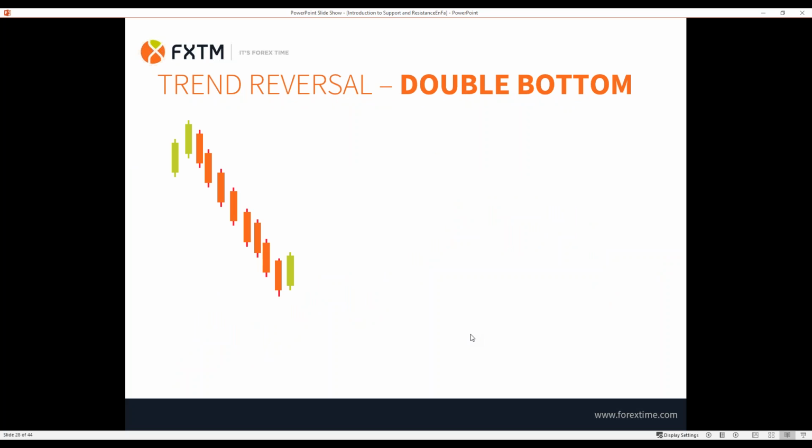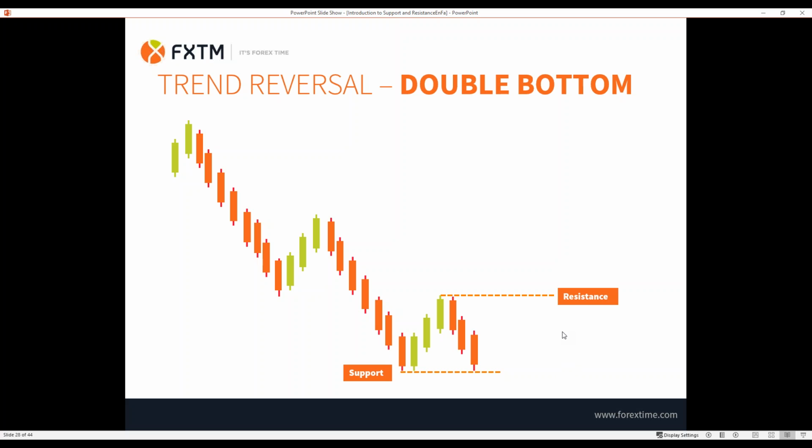Okay, let's see another reversal. Now we have a beautiful downtrend. We have a nice support level here. And prices bounce up to form a correction. And we expect prices to come lower than the support, so the downtrend continues. But this time it will not go lower.